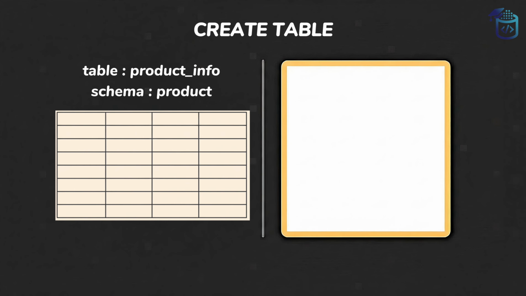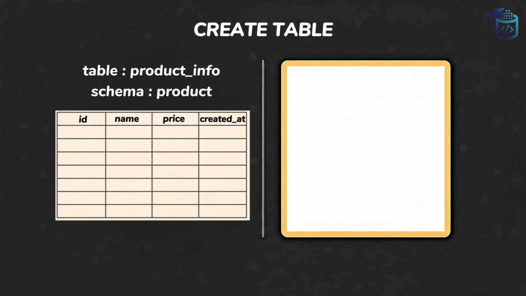This table could have columns like ID, an integer for product identifiers like 1, 2, 3, etc. Name, a text column for product names like laptop, mobile, or fan, etc. Price, a float for decimal values of product price like 499.99 or 1200.50, etc. Created at, a timestamp for when the product was added like January 15th of 2026, 10:30 a.m., etc.